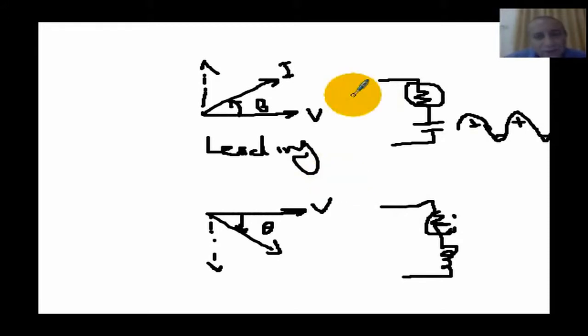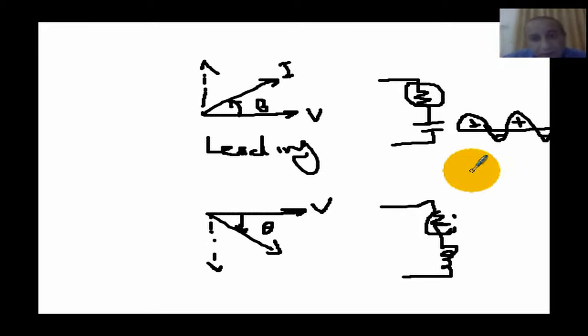Of course, the net useful power in this case is 0. The average power in this case is 0. Usually, this kind of power, we call it reactive power, because usually it's not really doing any useful job.